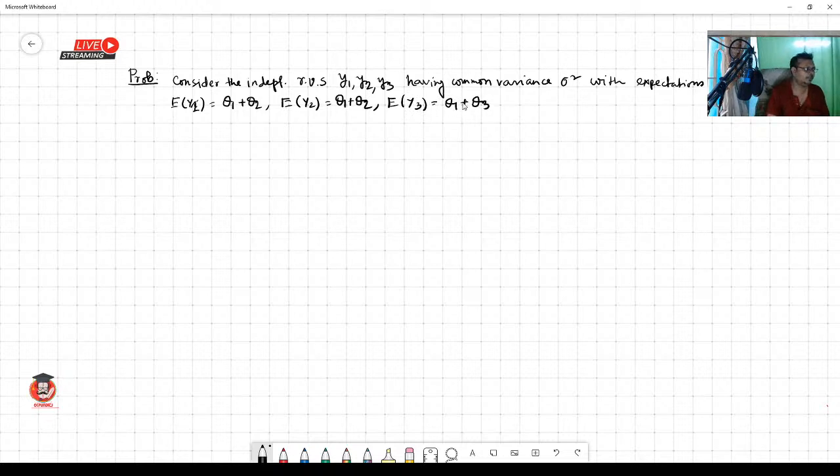Okay, so the first part of this problem is to find the condition of estimability of a linear function.